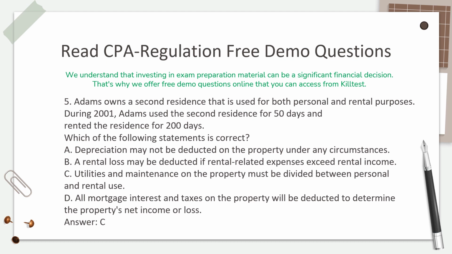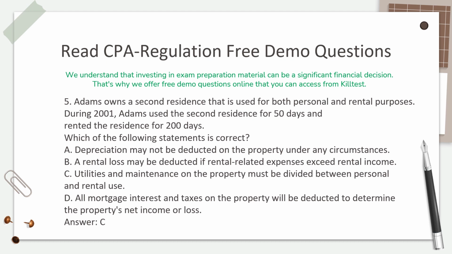5. Adams owns a second residence that is used for both personal and rental purposes. During 2001, Adams used the second residence for 50 days and rented the residence for 200 days. Which of the following statements is correct? A. Depreciation may not be deducted on the property under any circumstances. B. A rental loss may be deducted if rental-related expenses exceed rental income.